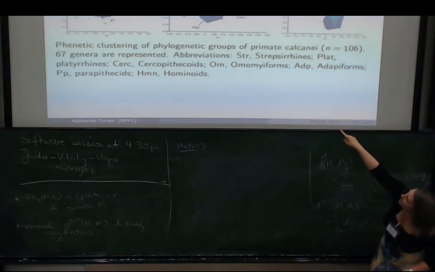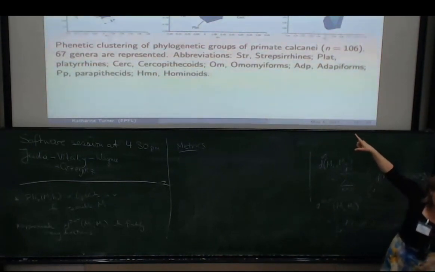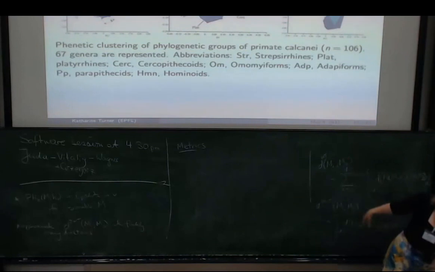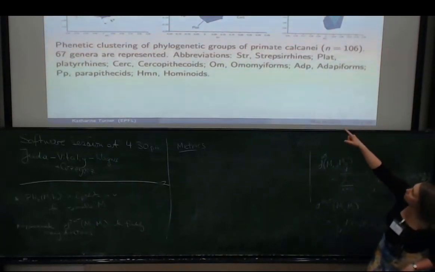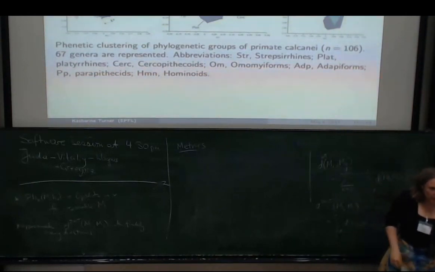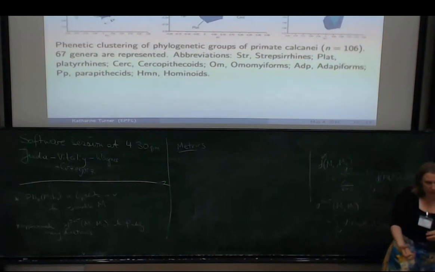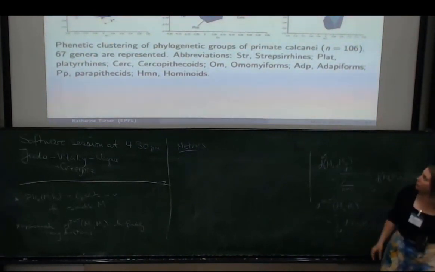The blue and the black and the light blue are the monkeys, and the green are the apes. So we kind of split into these three groups better than the other methods. And you would like to think that the shapes of the heel bones was related to whether you were a monkey, a more primitive sort of primate, or a hominid.